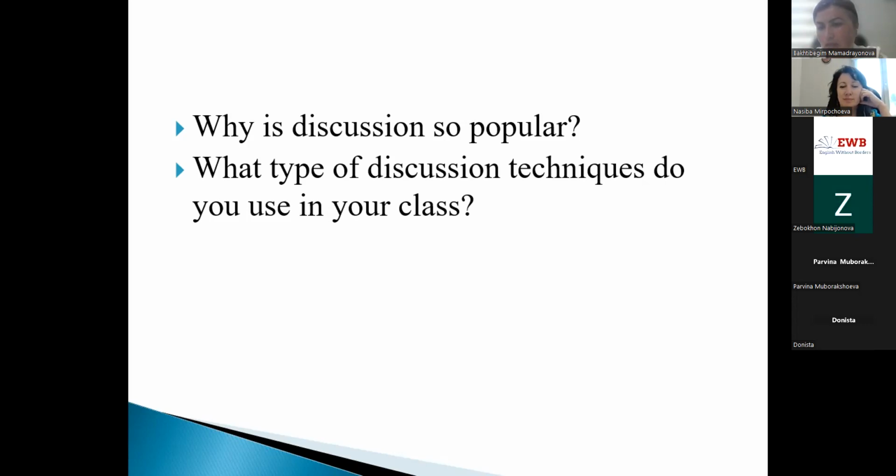The friendly atmosphere, sitting in a circle, allows learners to feel connected and more secure to express thoughts. Everyone is engaged. It is informal discussion. Discussion is popular because it provides the chance for everyone to be heard.